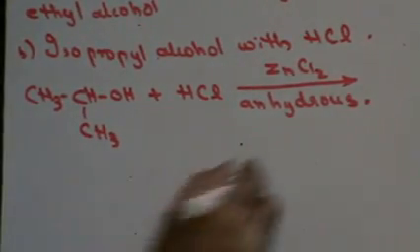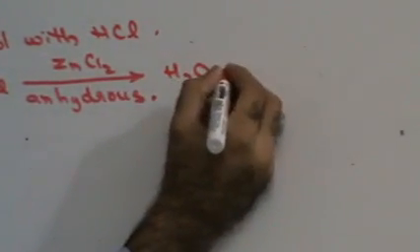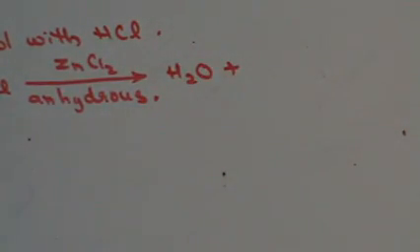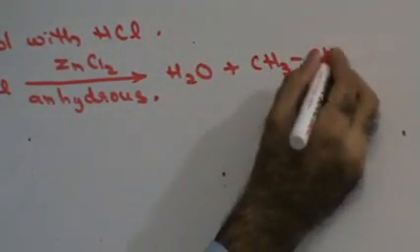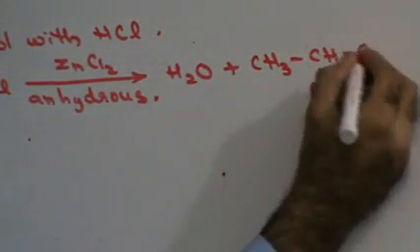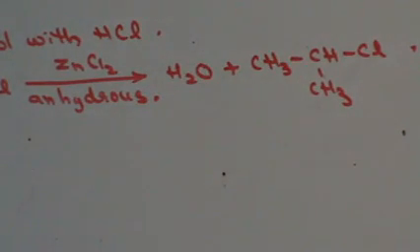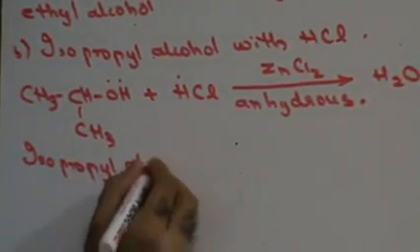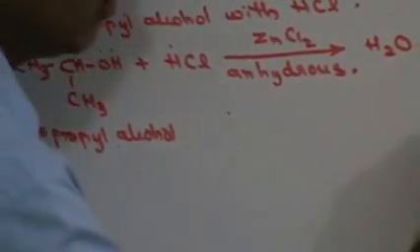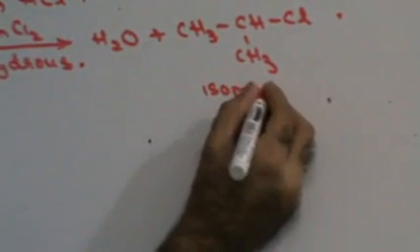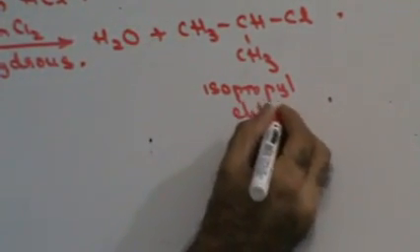Right? Same, you would have dehydration reaction taking place, that means water molecule is out, OH reacts with H. The OH group is going to be substituted by chlorine, so you are going to get CH3CHClCH3, right? This is isopropyl alcohol. This is nothing but isopropyl chloride. Fine, we get this in here.